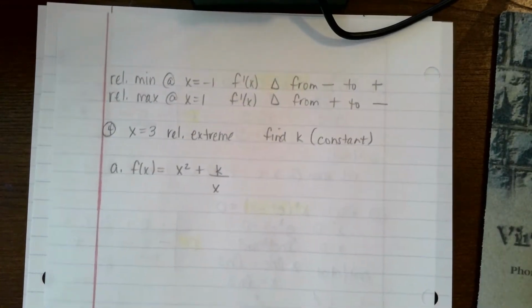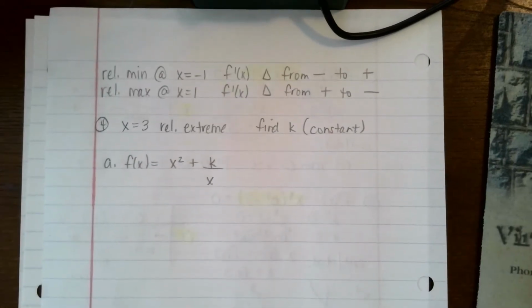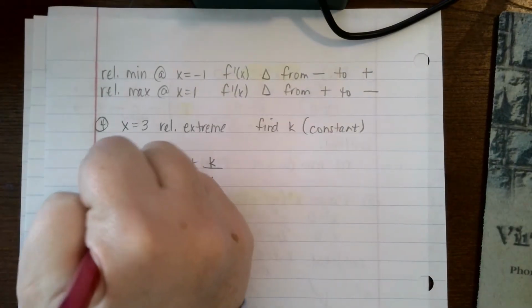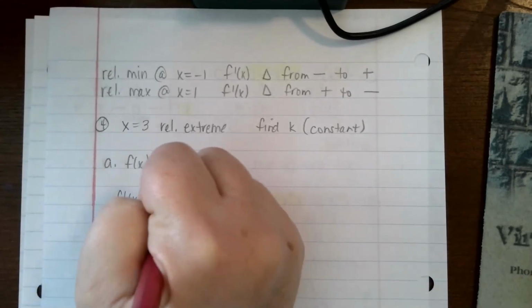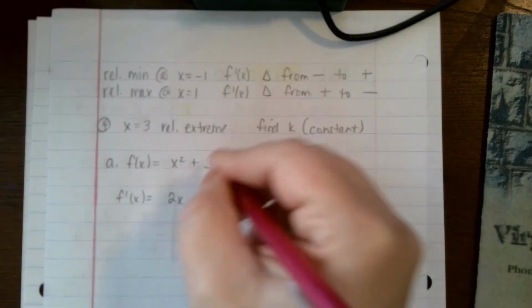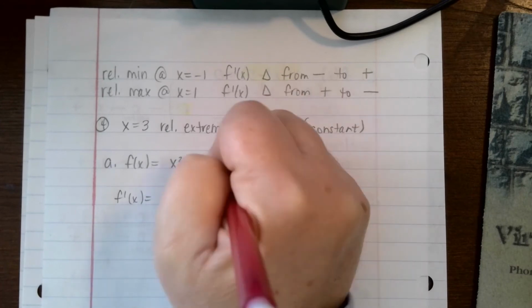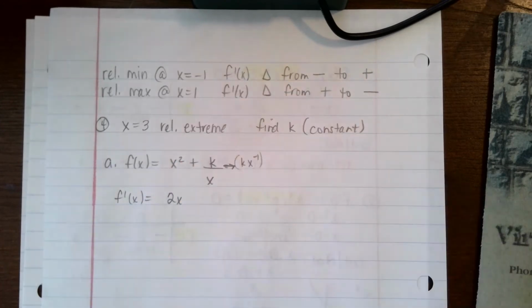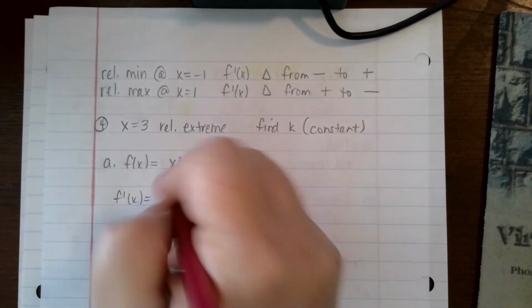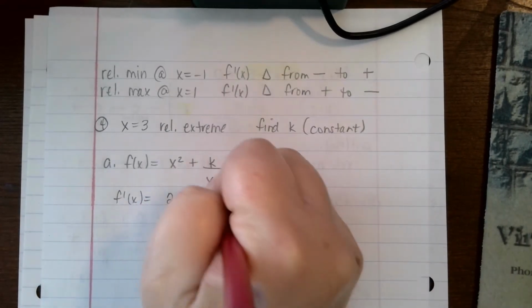So I want to find the derivative first. I get 2x. Now this k over x is just equal to k times x to the negative 1. So the derivative of that is negative k x to the negative 2.